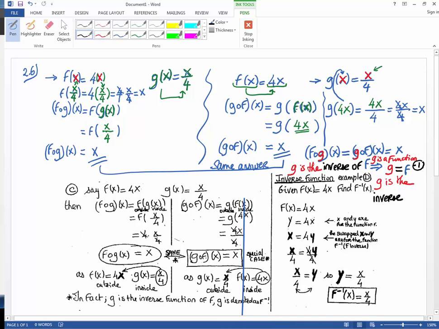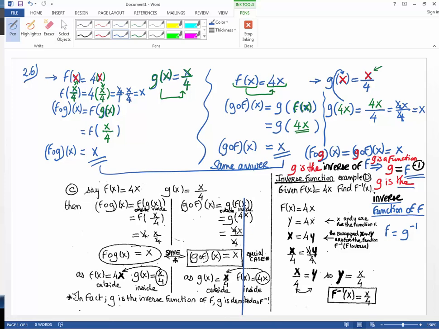So we say that g is the inverse function of f. Notice f is a function, g is a function, so because fog of x and gof of x are both x, then g deserves that special notation that indicates that g is the inverse function of our function f. Similarly, we could say that f is the inverse function of g by writing over here this notation. So f and g are inverse functions of each other.